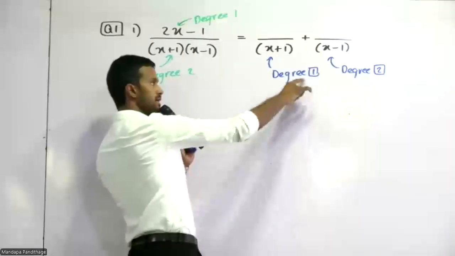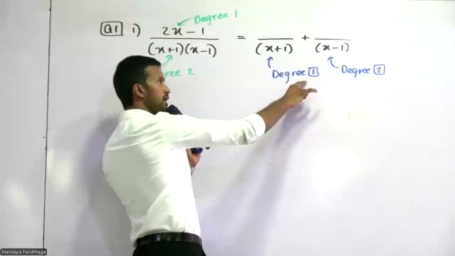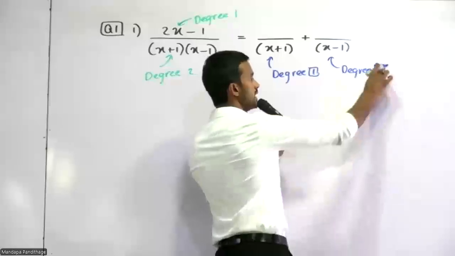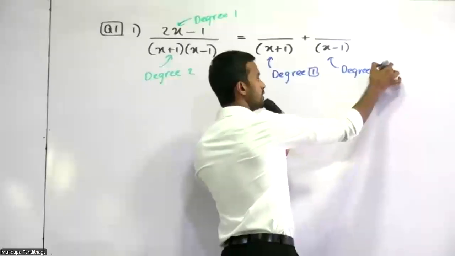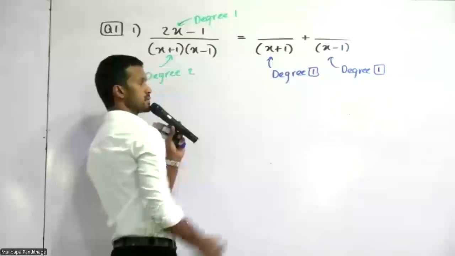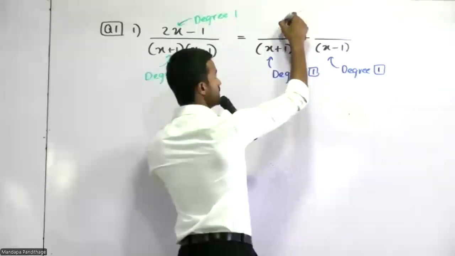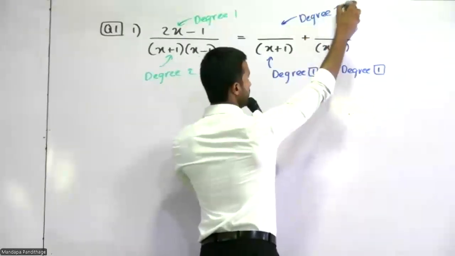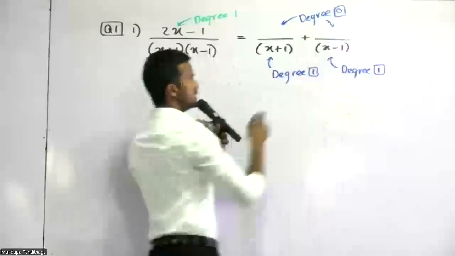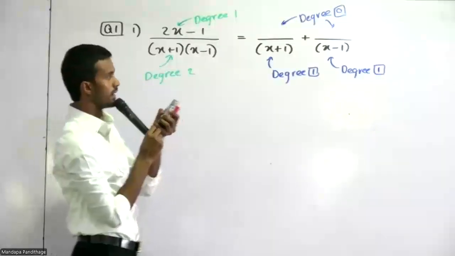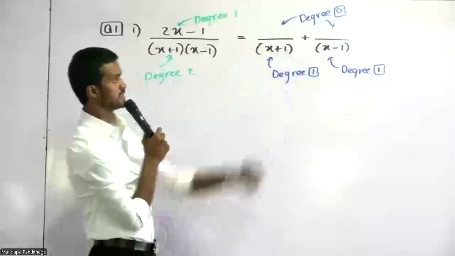Here the degree is 1, so as the numerator I need to put a 0 degree polynomial, even here and here, because 1 degree less than 1 means the degree is 0.